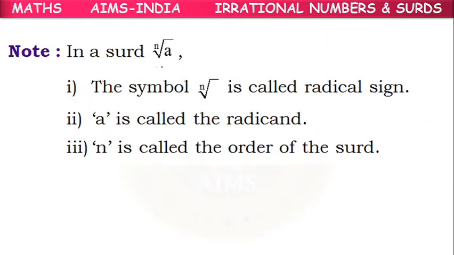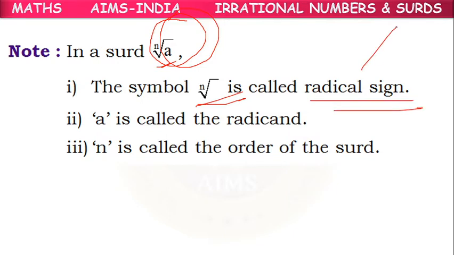In a surd, the nth root of a, this nth root symbol is called the radical sign. a is called the radicand. n is called the order of the surd. So they have some special names.